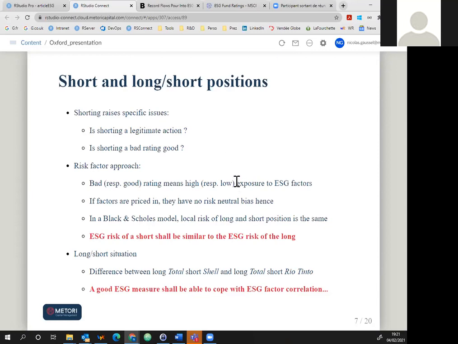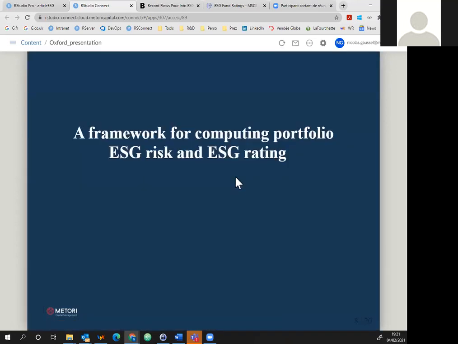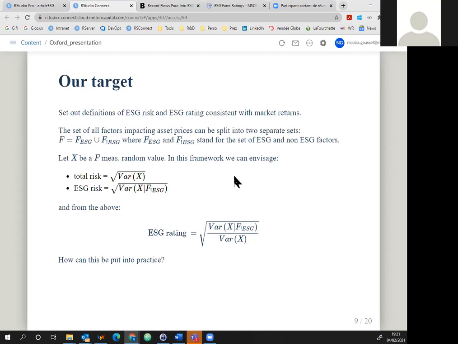Okay, so now how to organize all this thinking? Typically, what we'd like to propose is a model where, to rephrase what I've just said, you imagine a situation where you have a set of different factors, which is the addition of the set of ESG factors and the set of non-ESG factors. Obviously, they are totally not observable. This is the set of all factors impacting price.